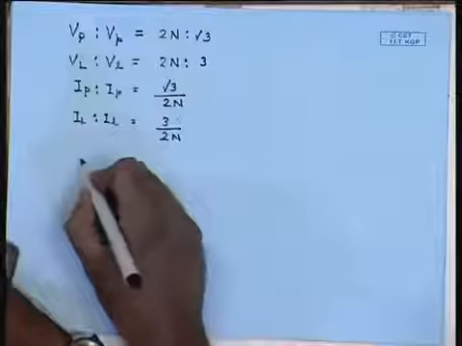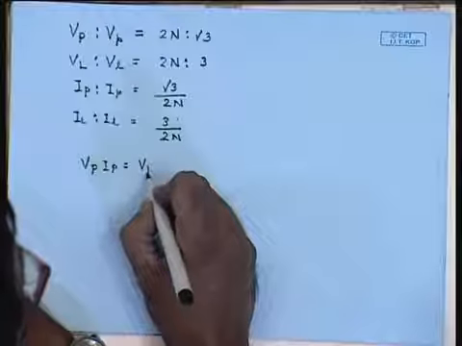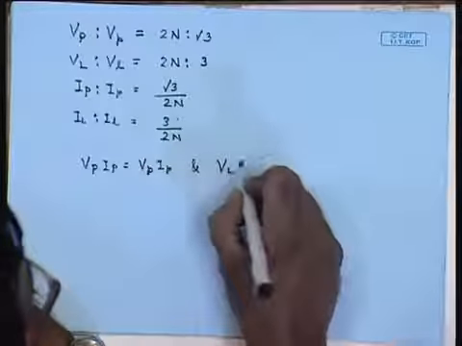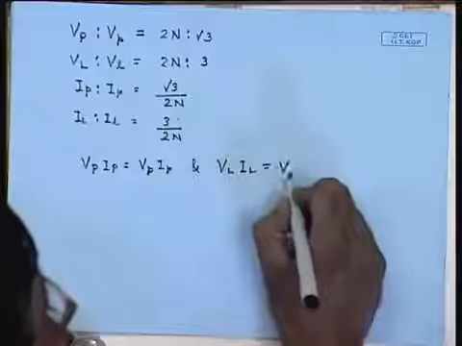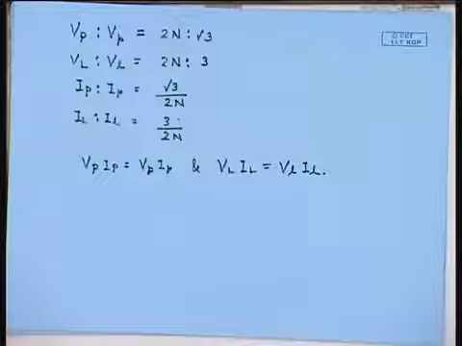Again here also we see Vp IP equal to Vp IP and VL IL equal to VL IL, which is due to the fact that we have assumed all transformers to be ideal.